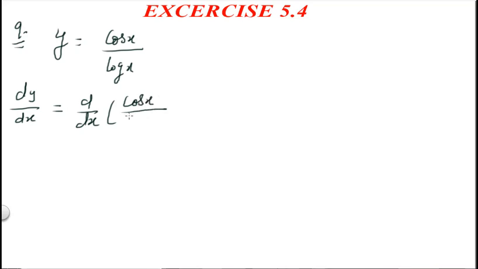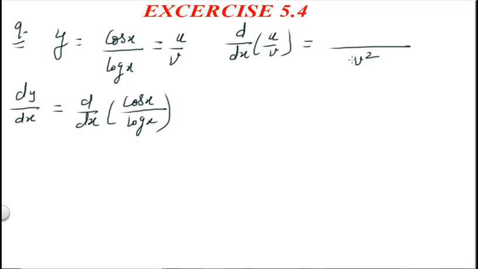That means we have to apply the quotient rule. You can consider this as u, this as v. You know the formula for d by dx of u upon v. In the denominator we write v square, and in the numerator, v as it is into differentiation of u, minus u as it is into differentiation of v. So let us apply this formula here.